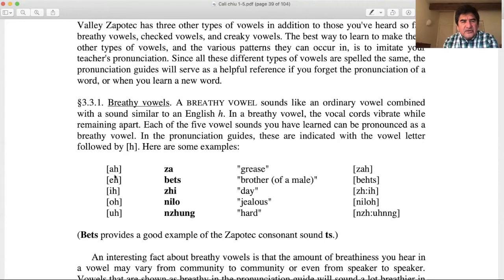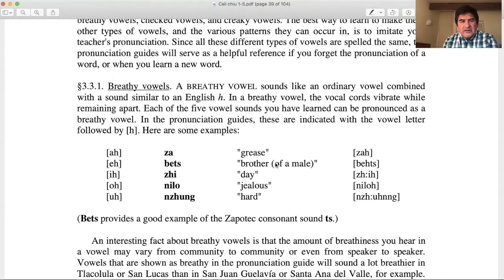You can see right here in the very first column the representation of the vowel A. We have A, and then the H represents the breathiness of it. Of course, there are variations of breathiness, but for right now we're just going to focus on these vowel H words. With breathy vowels, the vocal cords vibrate while remaining apart.